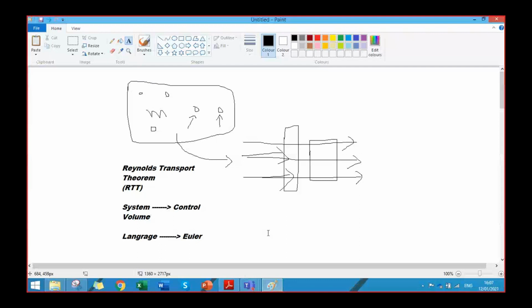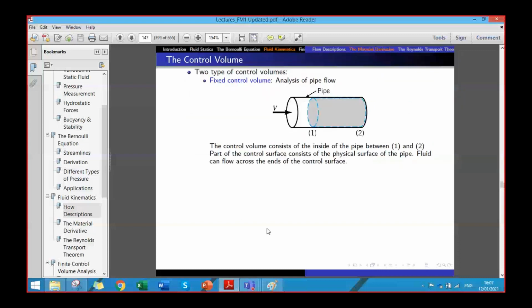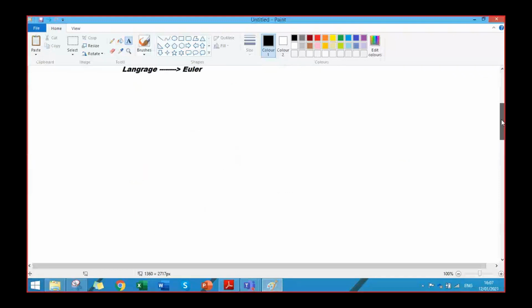Now we need to understand the concept of the control volume. What is a control volume, so that we can develop the Reynolds transport theorem? A control volume can be moving, it can be deflating, it can be inflating, it can be changing volume. But right now we are discussing only the fixed control volume, not the deformable control volume.